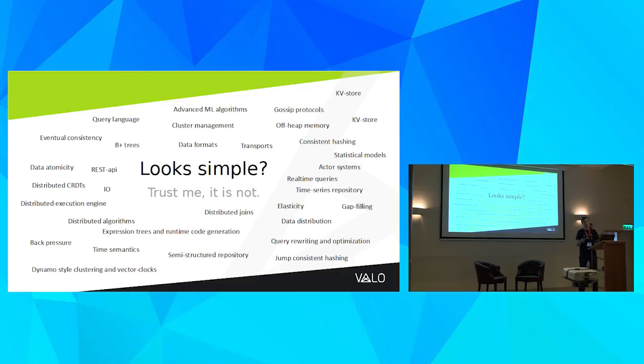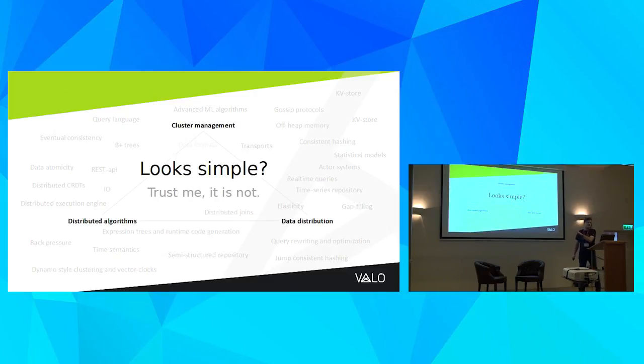And there's a very big difference building an analytics platform as a single node framework versus building a clustered framework. But it really comes down to three things. If you start building something like this, these are the things you need to consider. You need to consider your cluster management, your data distribution, and your distributed algorithms.